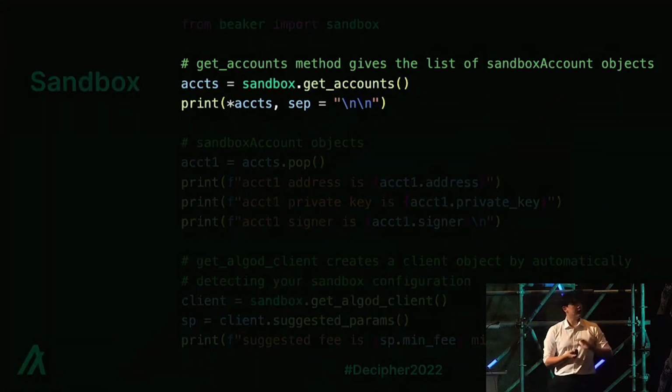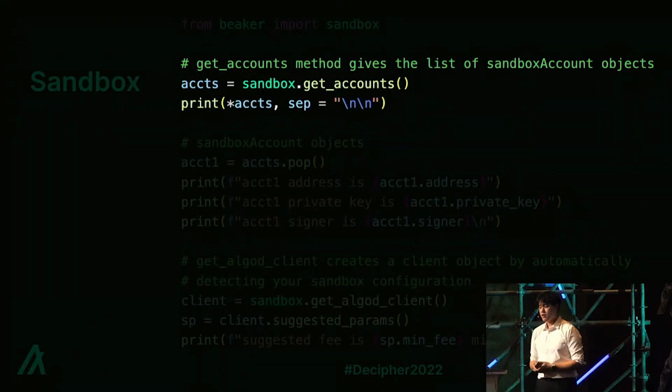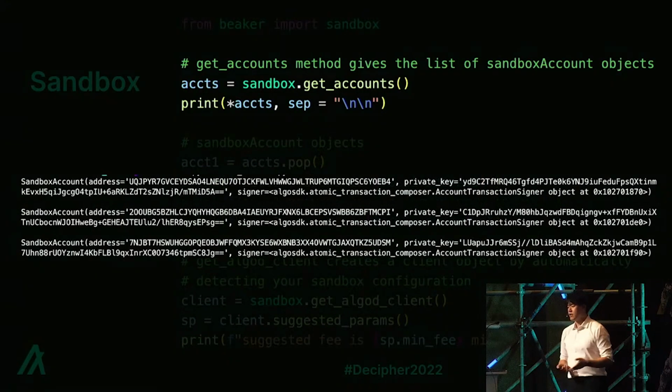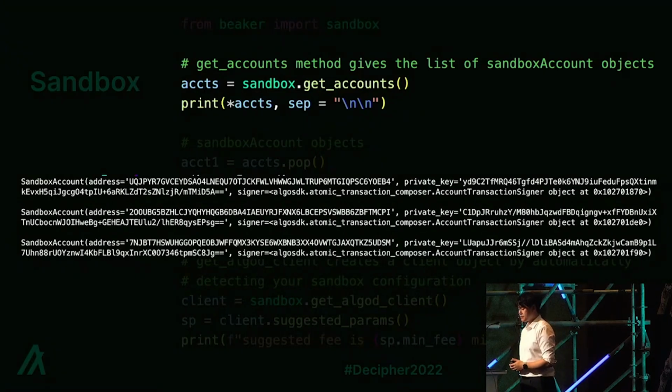So the code here, the highlighted part, is we're doing sandbox.get_accounts. That's going to get a list of accounts provided by Sandbox. And if I print that out, you'll see 3 Sandbox account objects, each object including an address, private key, signer, which are all the things that you need when you're testing, when you're building your application.